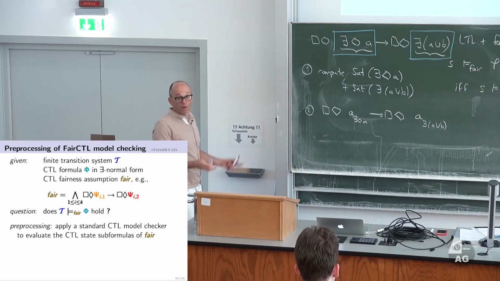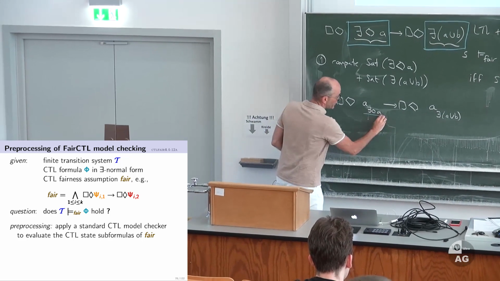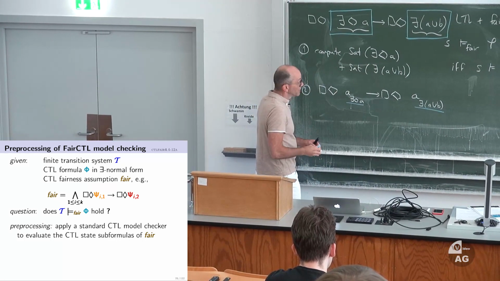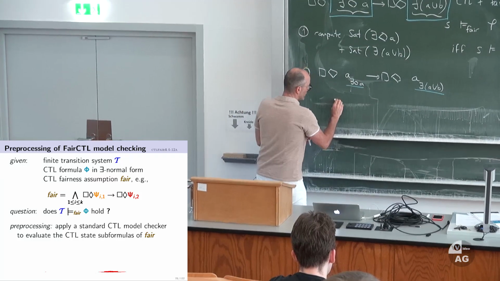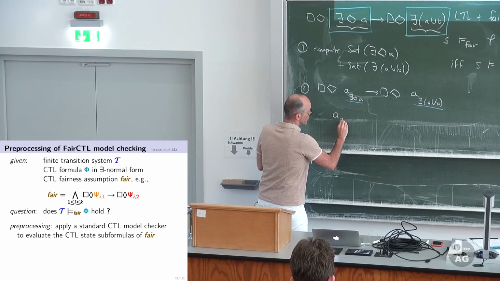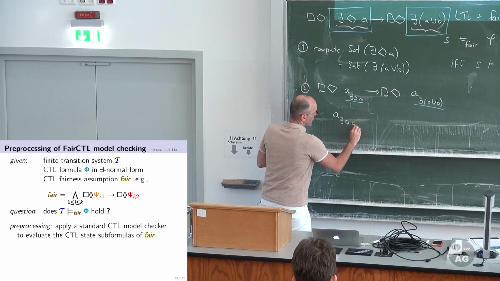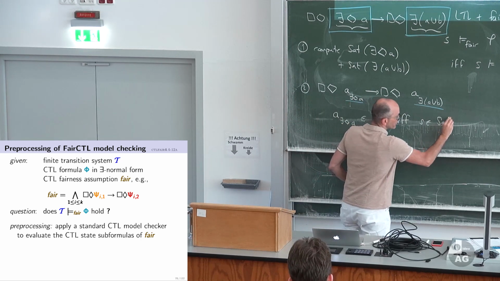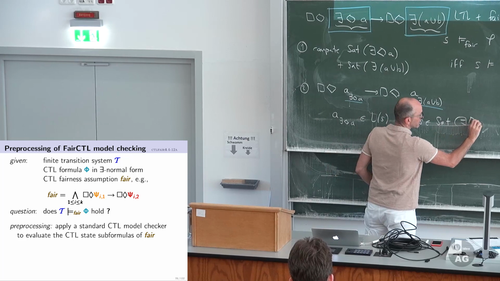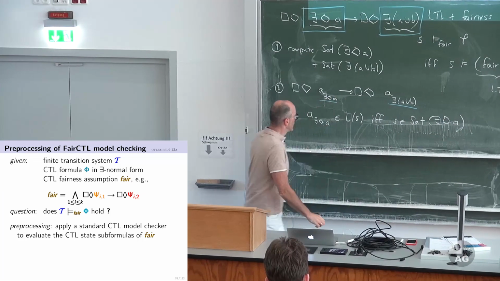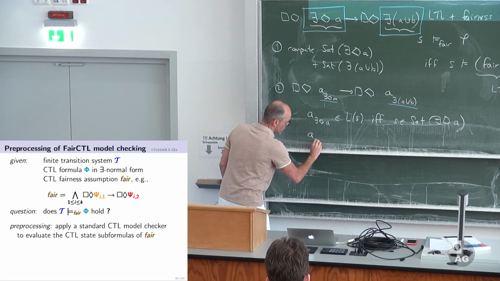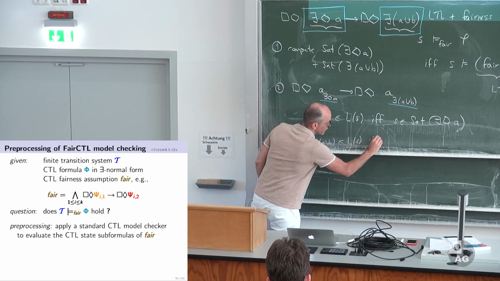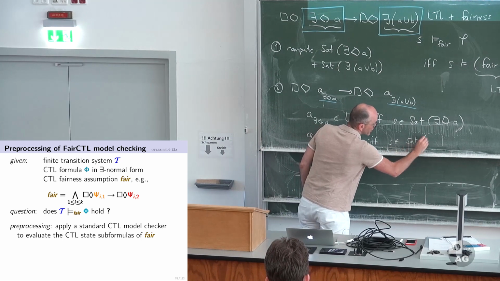Then it's obvious, I hope, that we're going to adapt the labeling. All the states satisfying this formula are going to be labeled with this atomic proposition. So this atomic proposition is going to be labeled in a state if and only if s belongs to the satisfaction set of that formula. Similarly, the other atomic proposition is going to belong to a state if and only if that state belongs to the set of states satisfying that formula.